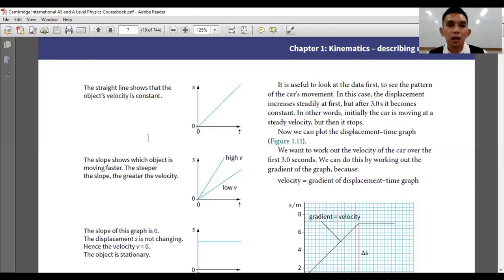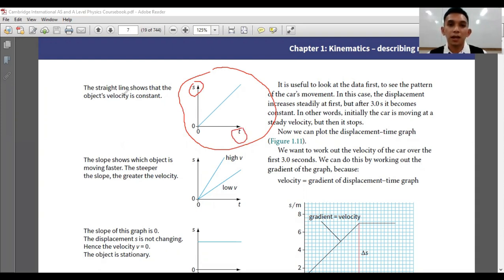So let us check the kinds of graphs provided here. Let us check the first graph. As you can see, the y-axis is displacement and the x-axis is time.